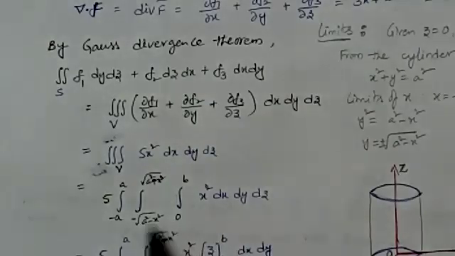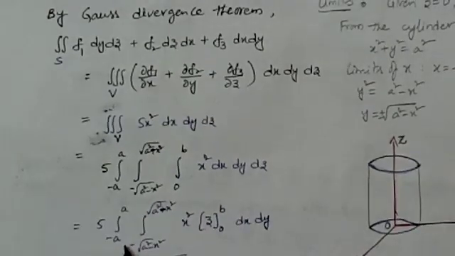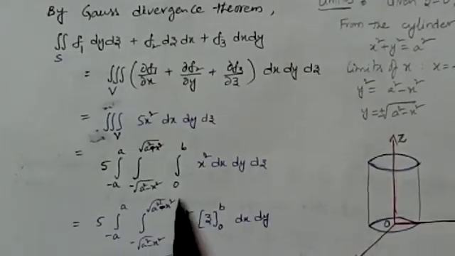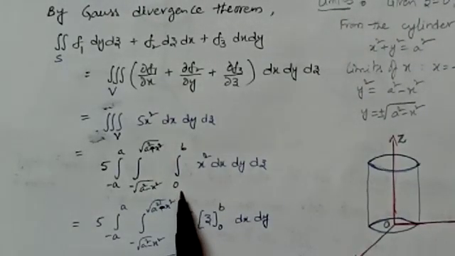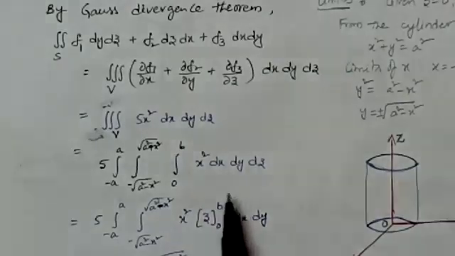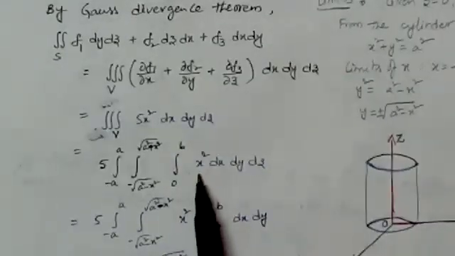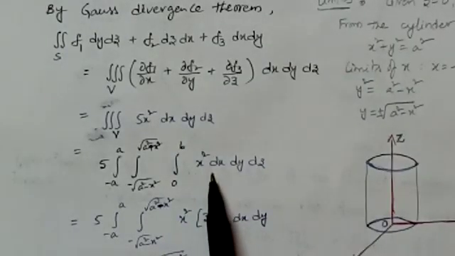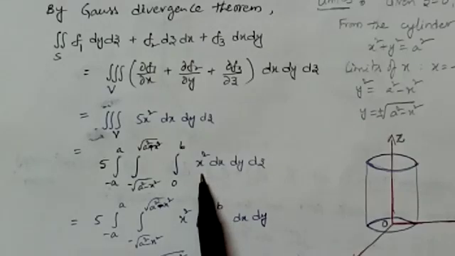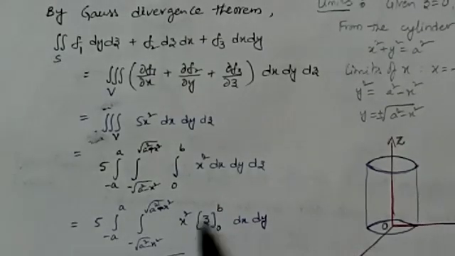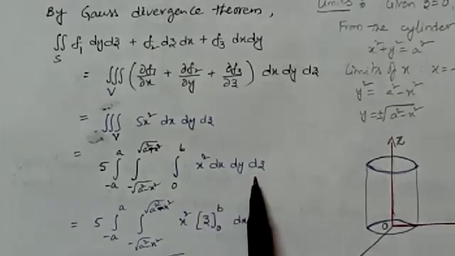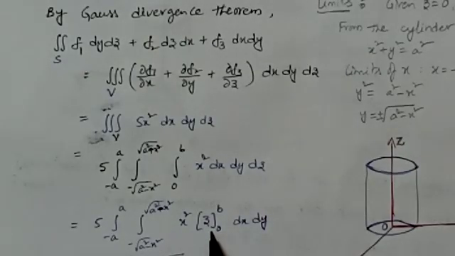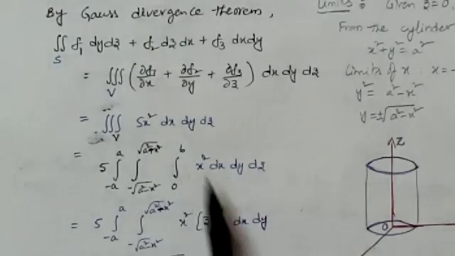Here 5 is a constant, so we can write it outside of the integral. Next, the last integral is related to z. Here there is no z term, so x square is treated as constant and stays the same, and the integral of dz is z. So the z limits we have are 0 to b.